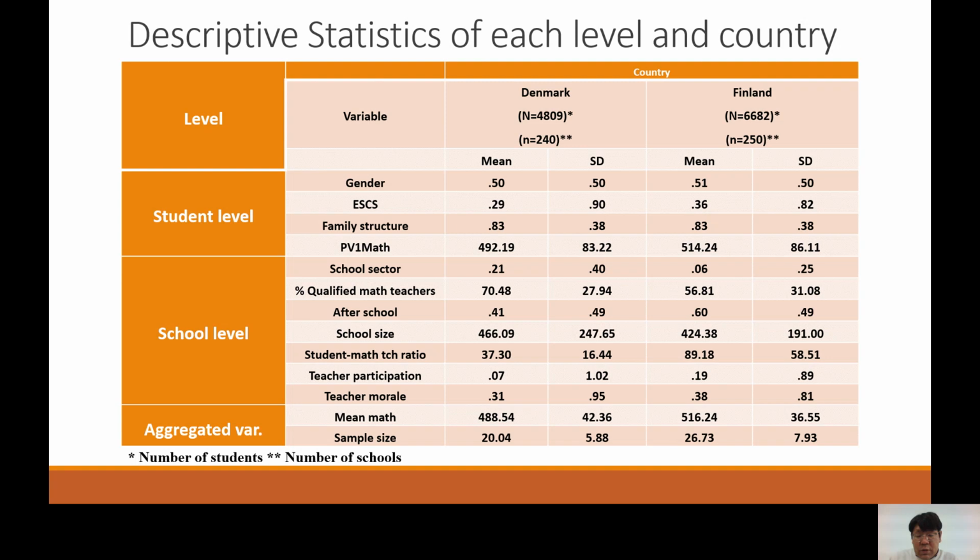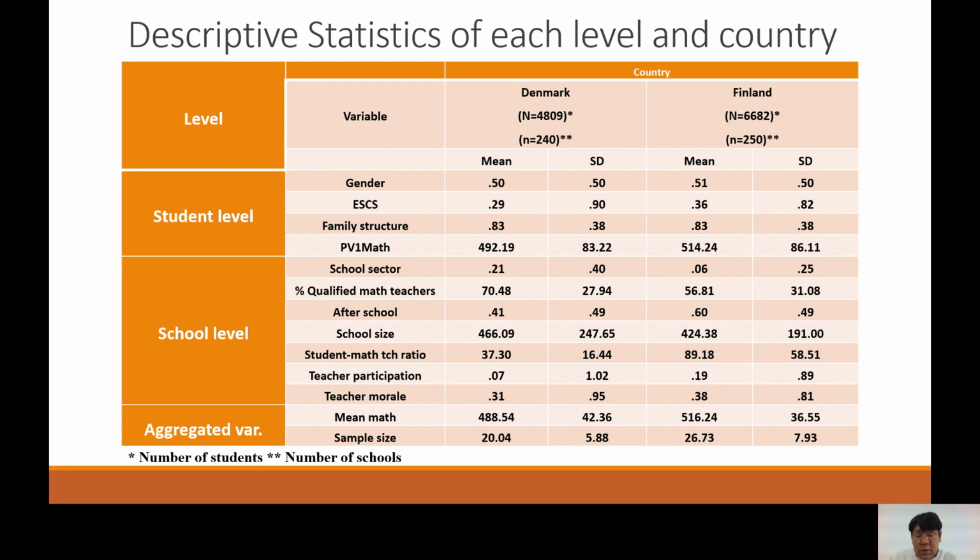So it's kind of an interesting fact. And after school lessons, Finland is higher, and school size is nearly the same. Student math teacher ratio, oh, in Finland the student math teacher ratio is very high. So this is another interesting fact.